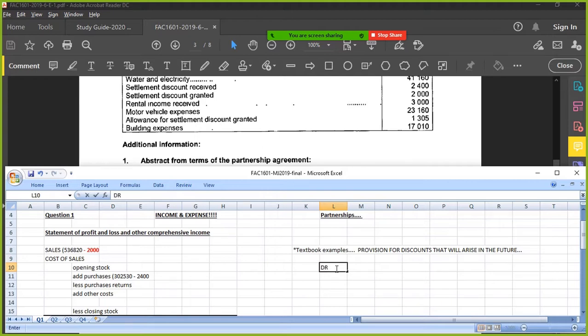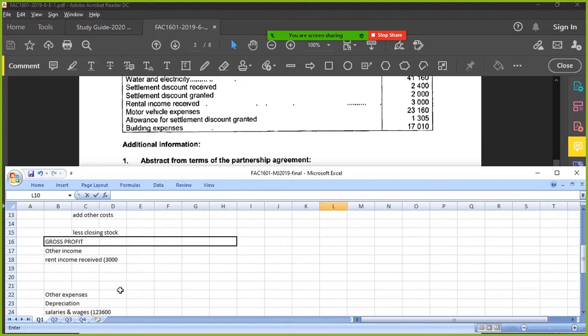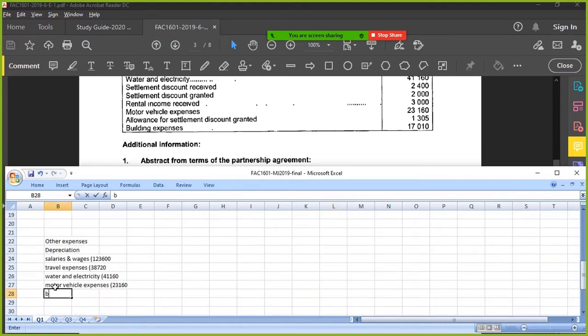So this allowance would have been created by debiting the discount and crediting the allowance. Does that make sense? Yes, we've covered it. There were some initial examples when we did partnerships that covered that. Just go back and have a look at those examples, or just follow with this one.